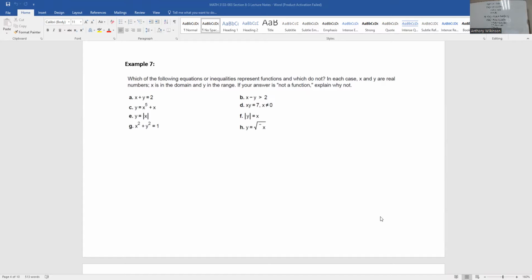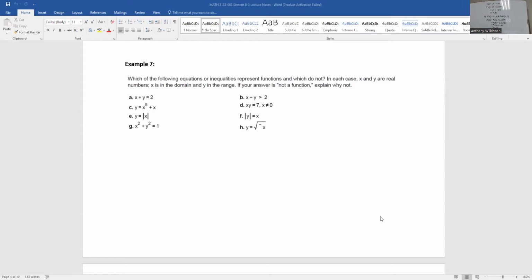In each case, X and Y are going to be real numbers where X is in the domain and Y is in the range. And if your answer is not a function, then explain why not.